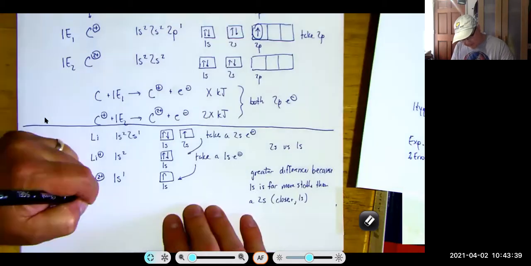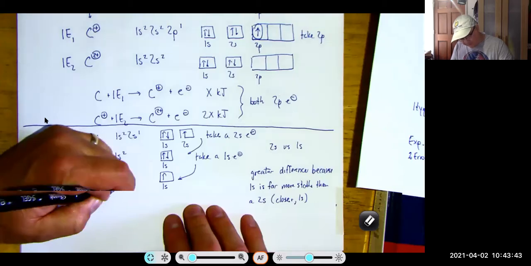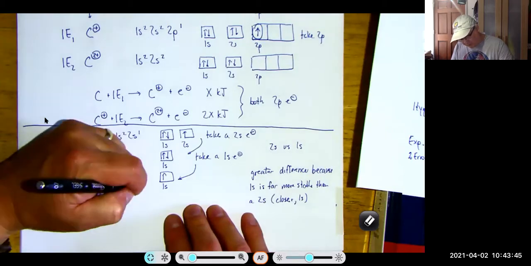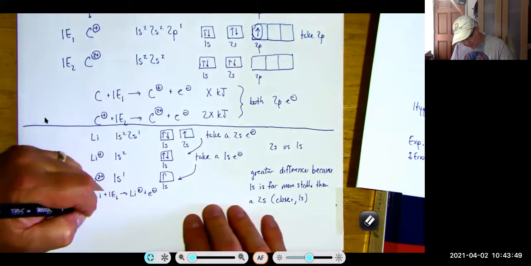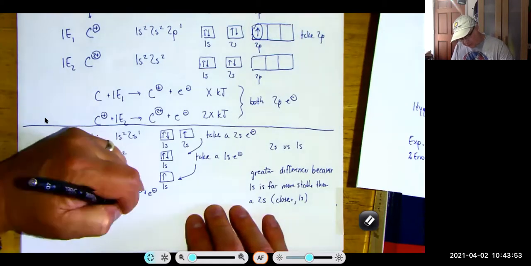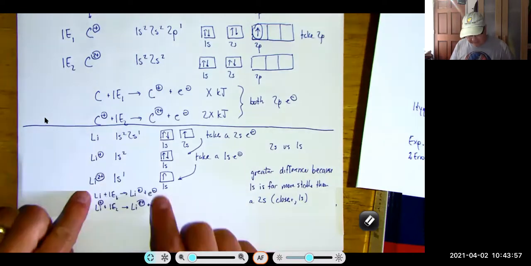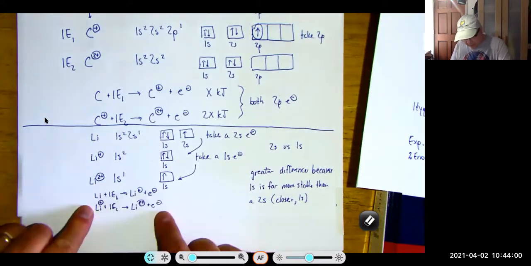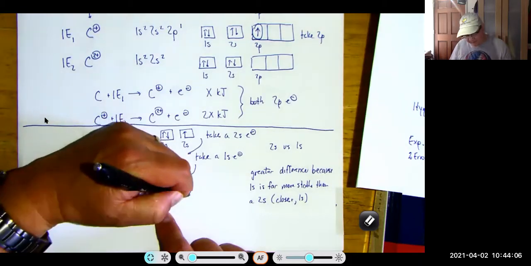And also when you look at the 2s versus the 1s, I didn't draw this out, but if I write lithium plus ionization energy 1 gives you lithium plus 1 plus an electron, and lithium plus 1 plus ionization energy 2 turns into lithium plus 2 plus an electron. These are the two reactions that are happening. But this one is from a 2s, and this one is from a 1s.